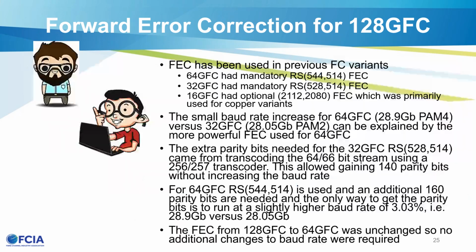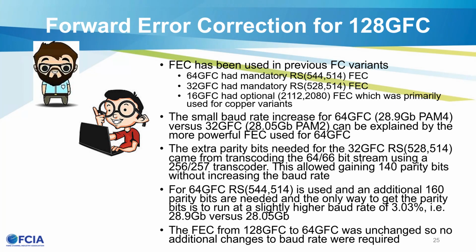So forward error correction really becomes a big part of this. And I hit on this before. The FEC we're using goes down to the Fire code we used for 16 GFC that wasn't needed for optics.